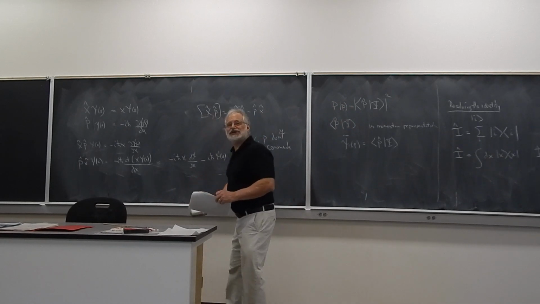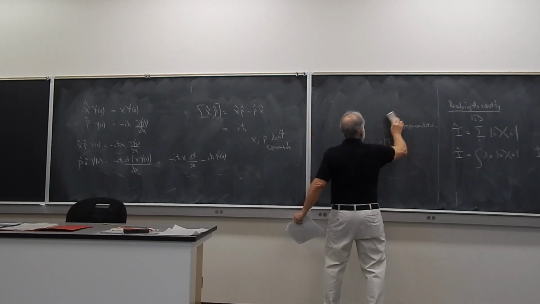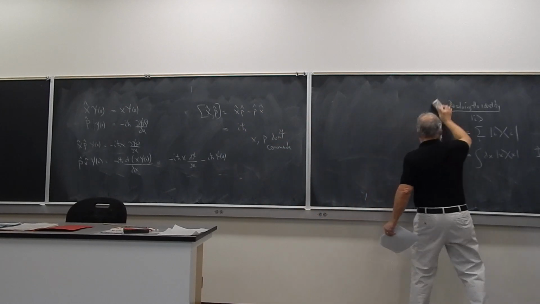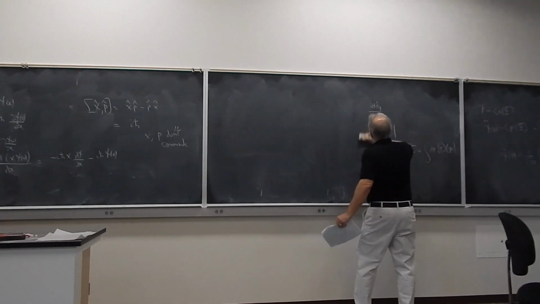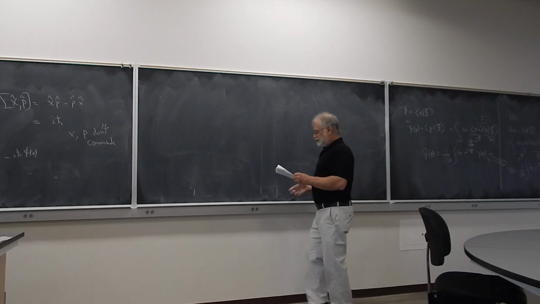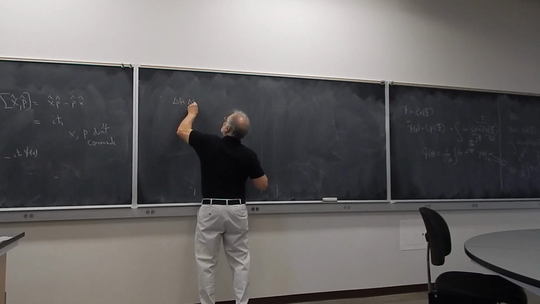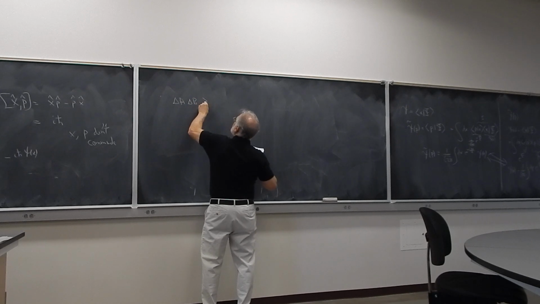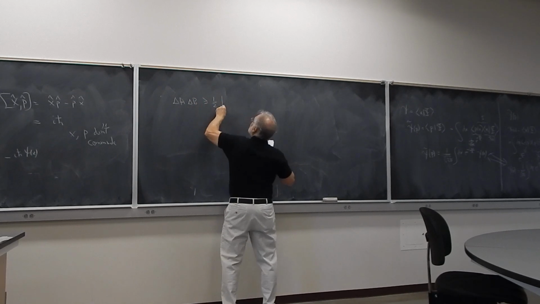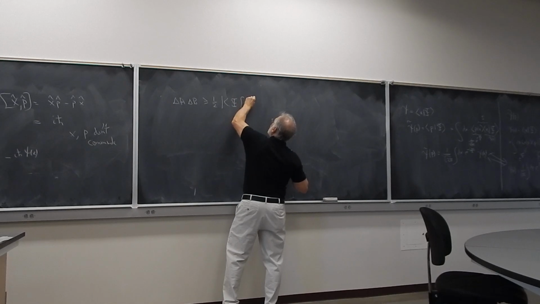Remember the expression we did for the generalized uncertainty principle? Watch what happens here. What we had before was 1/2 the expectation value of the commutator AB.